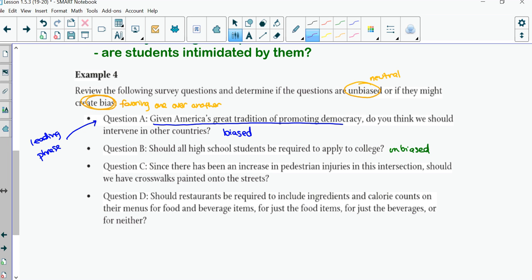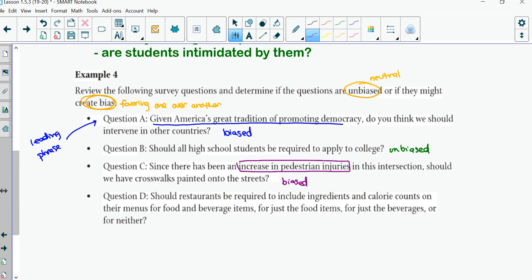All right, so this question, the way that it's worded, kind of makes you feel like if you didn't say yes to should we have crosswalks painted onto the streets, you kind of feel like a mean person, or you don't feel so very nice, because it's saying since there has been an increase in pedestrian injuries. So it's like, well, if there's an increase in pedestrian injuries and painting crosswalks onto the street would help that, then yeah, of course I want them to be painted. So this is creating a bias. So this is a bias question.